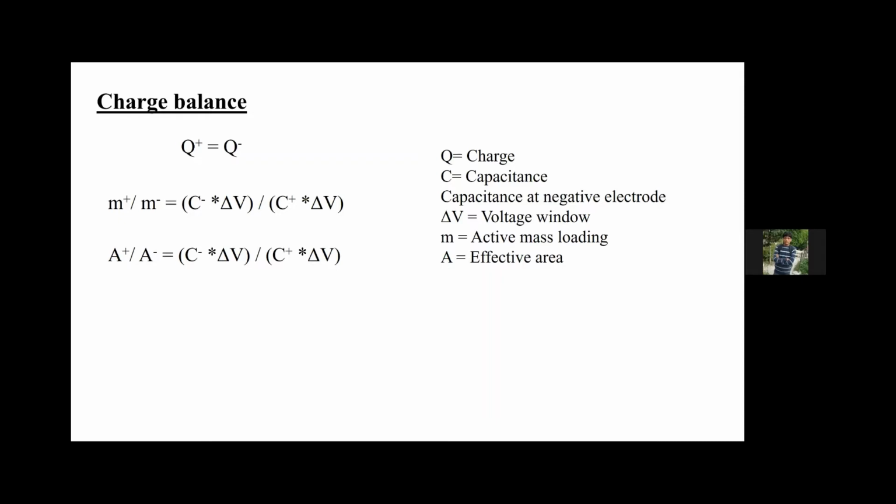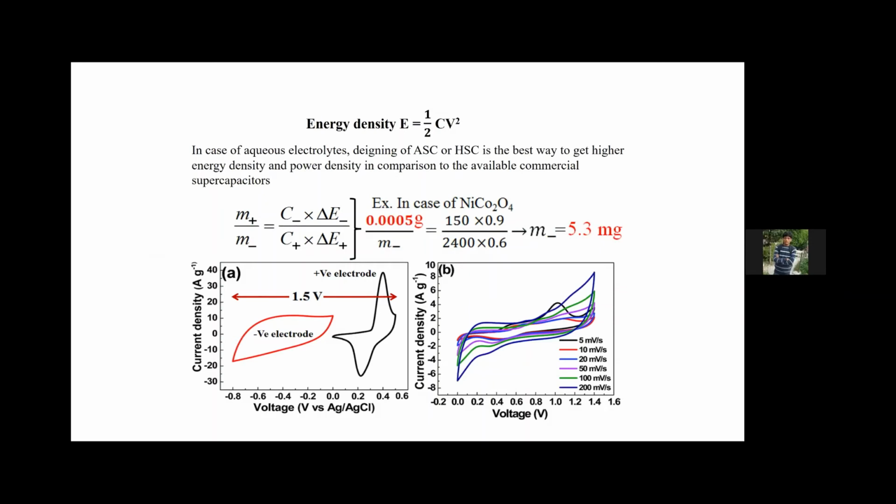And if we want to measure the areal capacitance, then we need to get the area ratio of the positive electrode and the negative electrode. Here is one example. Because our main desire is high energy density, the formula is half C V squared. Based on this, suppose we want to make an asymmetric device, we calculate the positive and negative electrode masses.